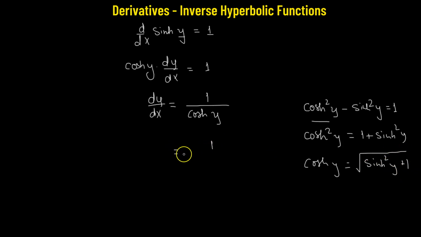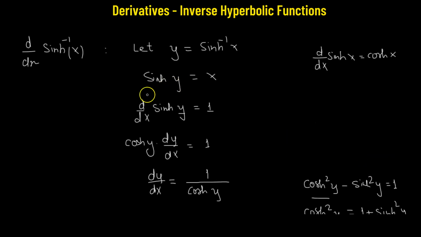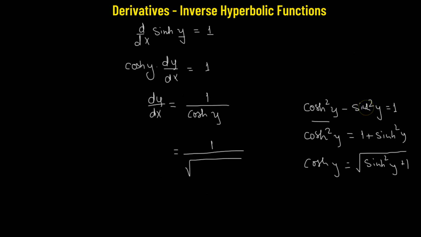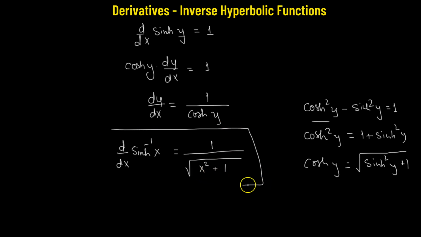Replacing this value, we have the square root of sinh squared y plus 1, but we already considered sinh y equals x. So this will give us x squared plus 1. So the derivative of the inverse hyperbolic sine function is 1 over the square root of x squared plus 1. So this is the first one.